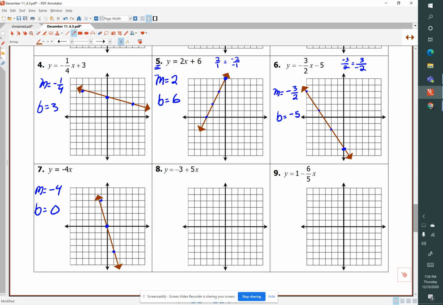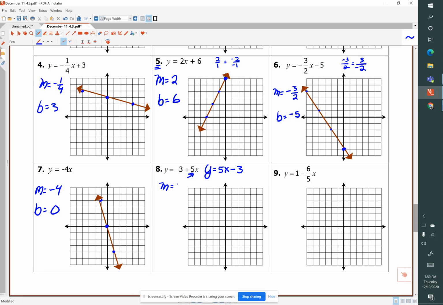And we'll move on to number 8, where our slope is negative 3. Whoops, no, our slope is 5. Almost read that too fast. So this is not exactly in slope-intercept form. Let's do that. It should be y equals 5x minus 3. Okay, I hope you caught that.